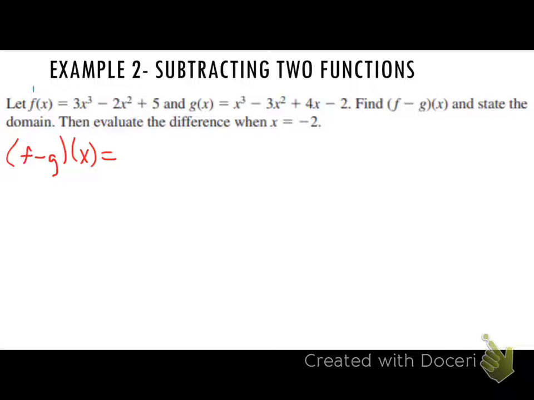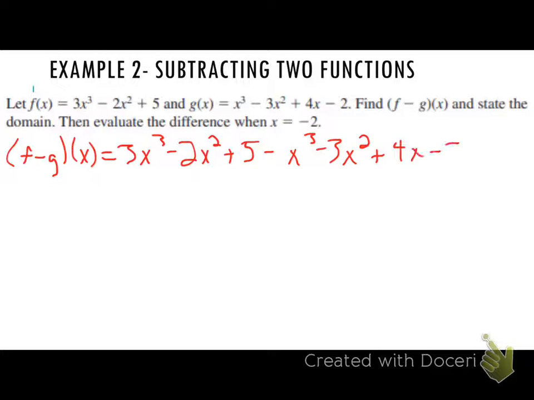Which function is coming first? F of x. 3x cubed minus 2x squared plus 5 minus g of x. Did I do that correctly?